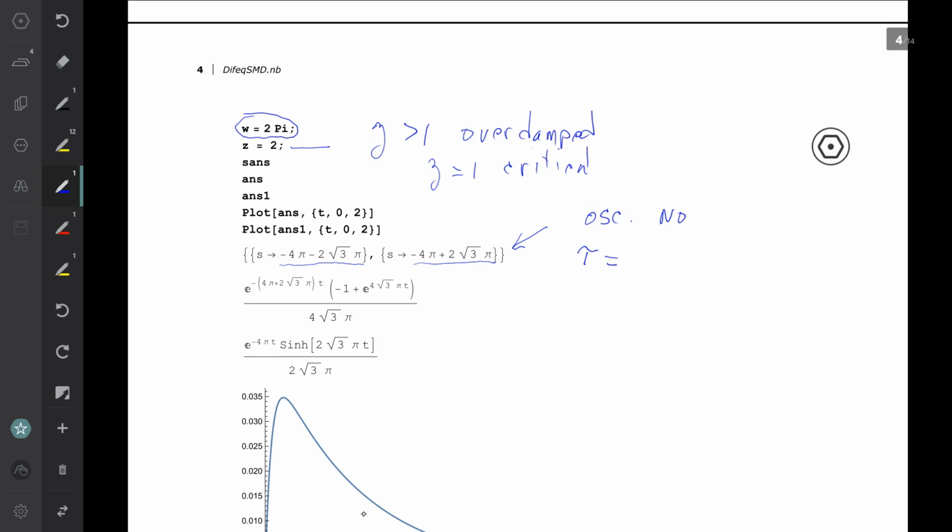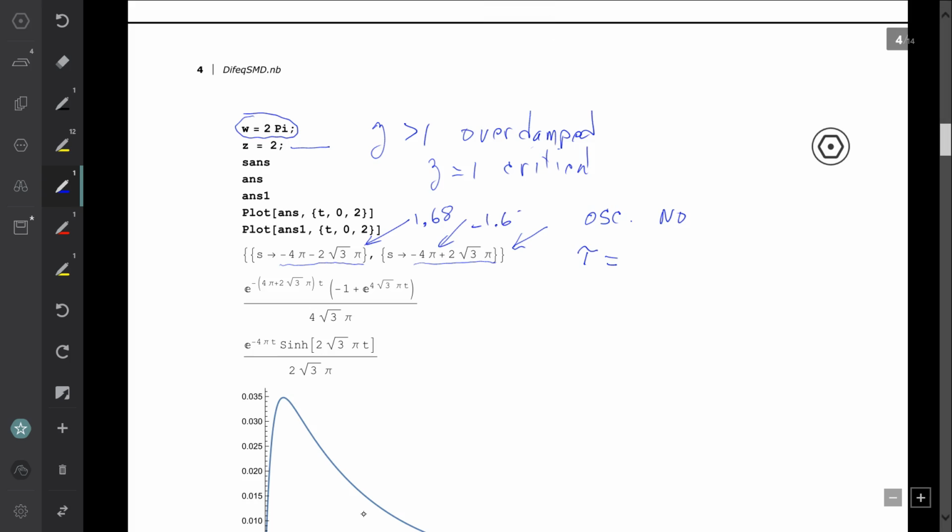So one of them is, let's see, 4 pi minus 2 root 3 pi. Okay, this one is 1.68. The other one is minus 4 pi, let's see, messing this up. This one is a minus 1.68.